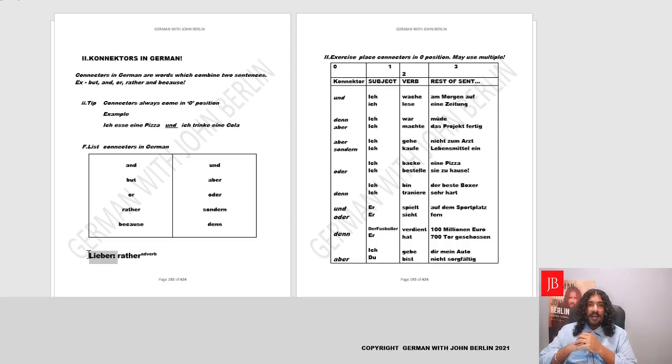Had you said, we do not go with you, we learn German, then you would have said, wir gehen nicht ins Kino, sondern, ja, wir lernen Deutsch. So then it would have been the connector, sondern. So basically, rather has one word for sondern, which is a connector, one word for lieber, which is an adverb. Fantastic. Okay. So this was a quick note, a recall.